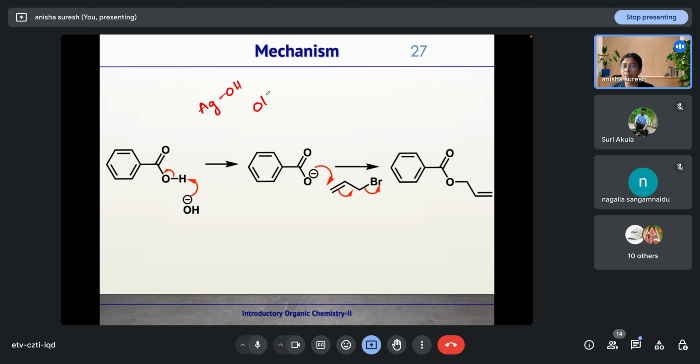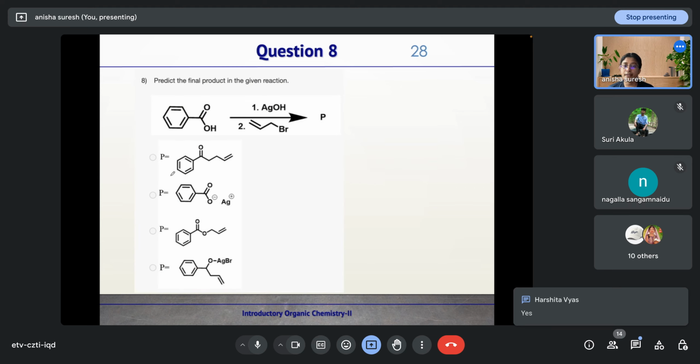So this OH minus acts as a base, abstracts the acidic proton of benzoic acid, and the O minus attacks the allyl bromide, Br minus leaves, and we get this product. Clear? Okay. So here the right answer is option C.